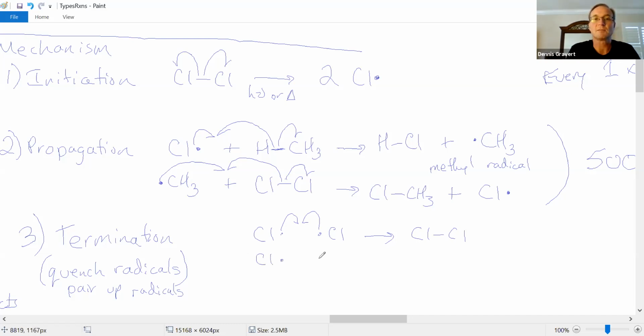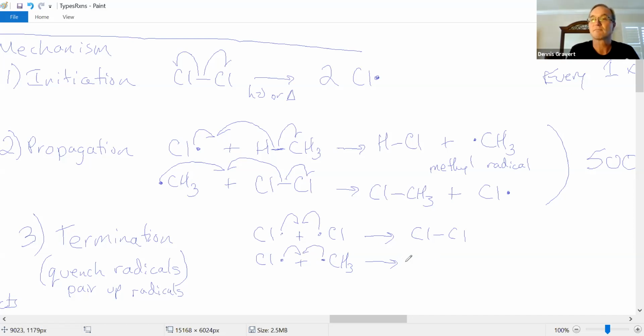Sometimes the chlorine radical will react. I should put a plus here. One reagent plus another reagent. Well, the second reagent might be a methyl radical, because that shows up too. Show my curved arrow, because this is the mechanism. Fish hooks, they combine. And all we're doing here is that these two dots kind of meet in the middle, connect to each other.